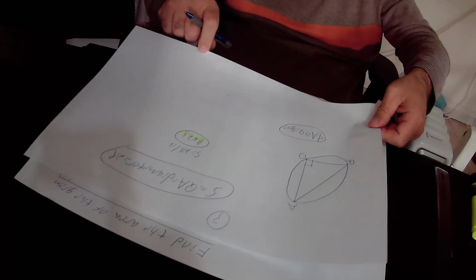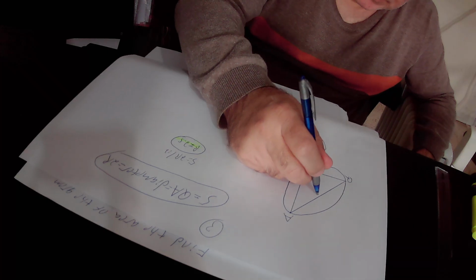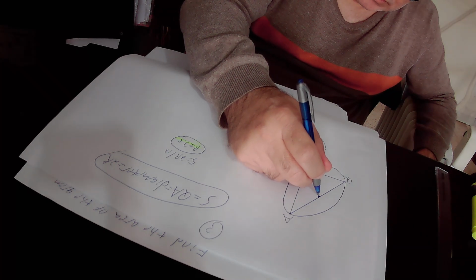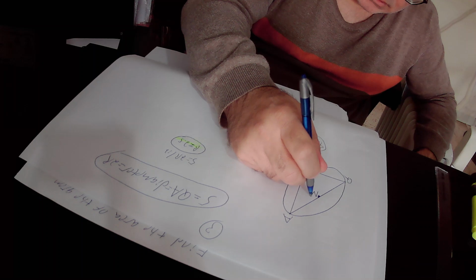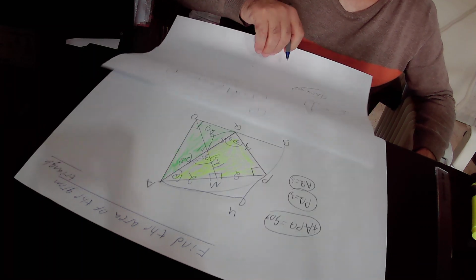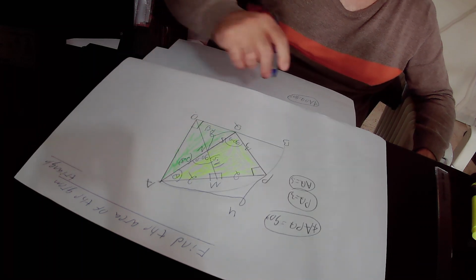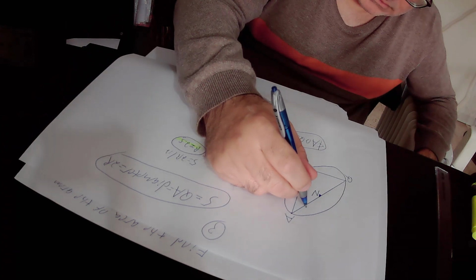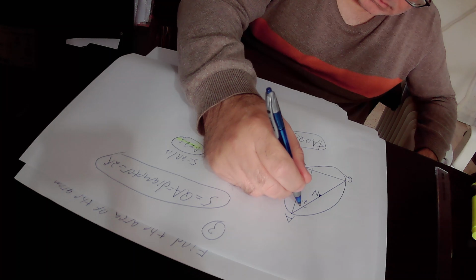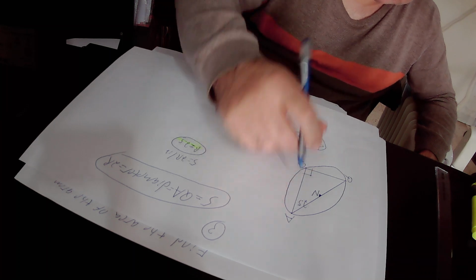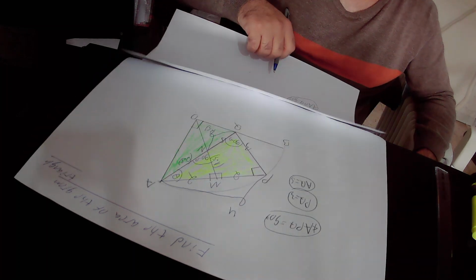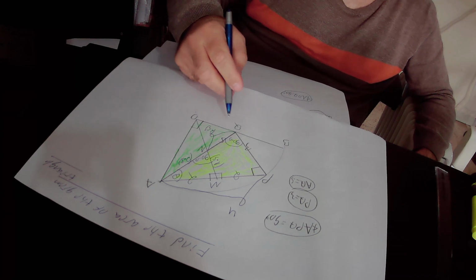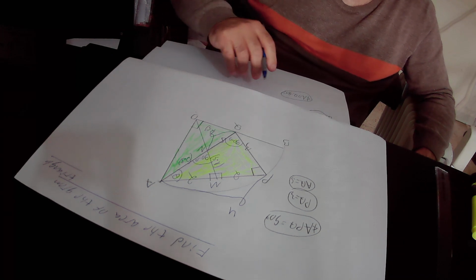This will be point N that I copy from the original drawing. I found out that AN equals 2.5 units in its length. And we also found out that NQ also equals 2.5 units in its length.